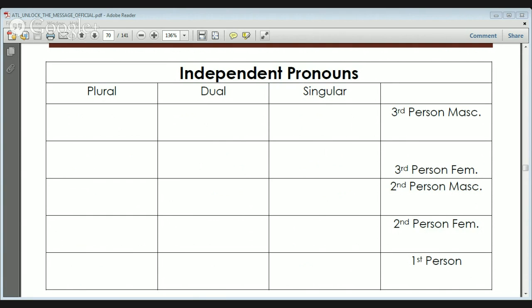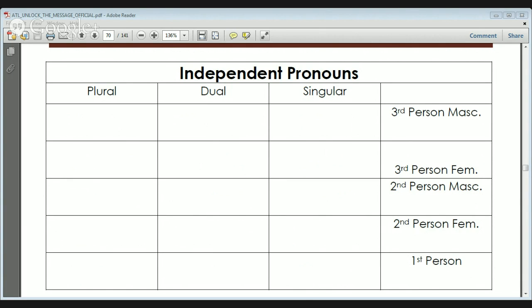So I'll write the first ones out. The way I want you to do it: I'm going to say the pronoun, translate it, and then give you the attached pronoun.